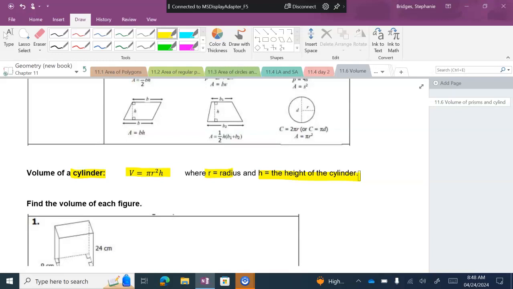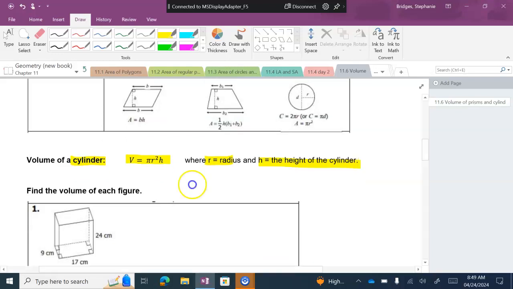The formula for your area is right there on the top of your page. The formula for area of a rectangle is length times width, correct?